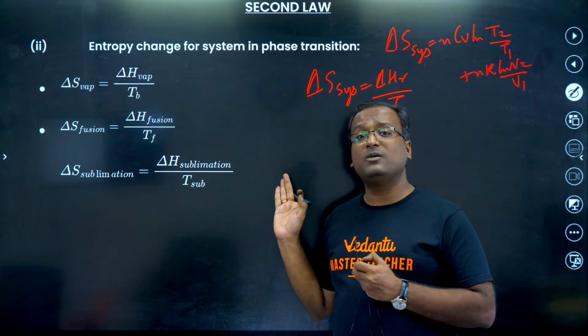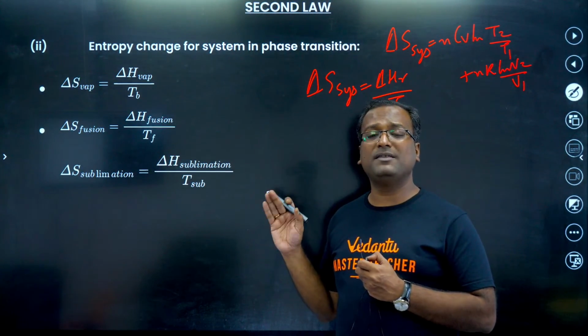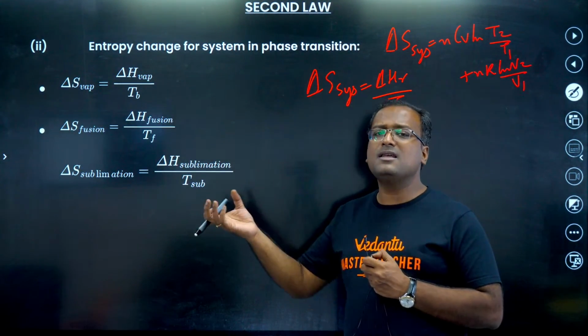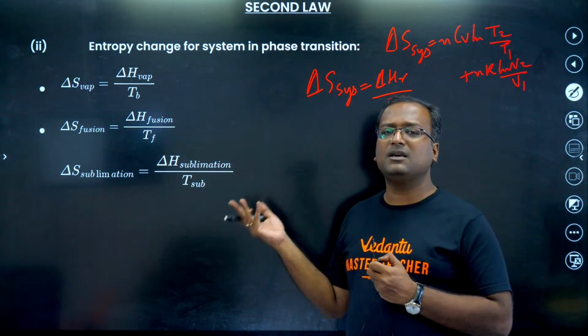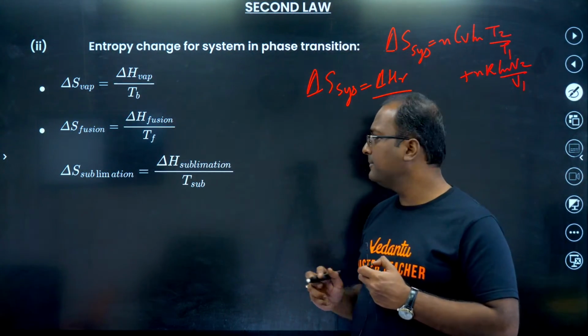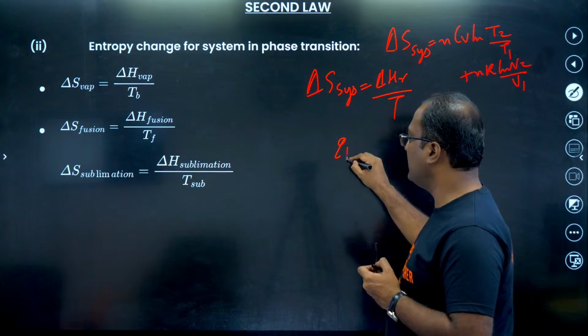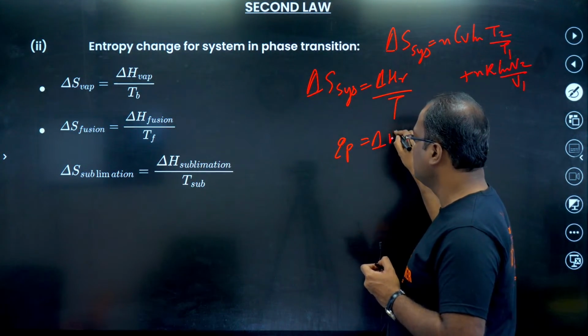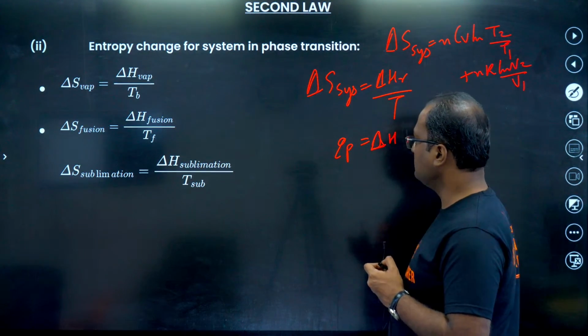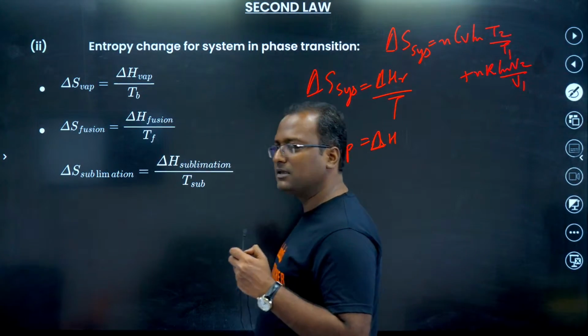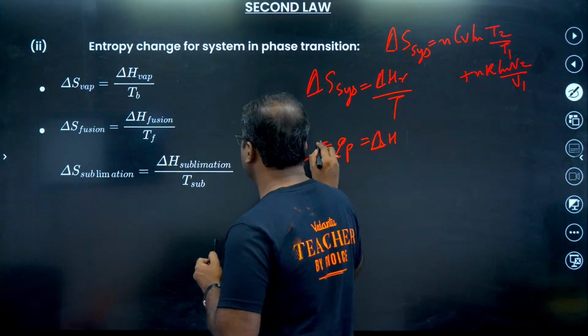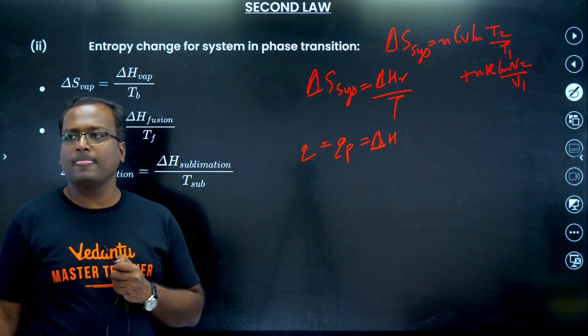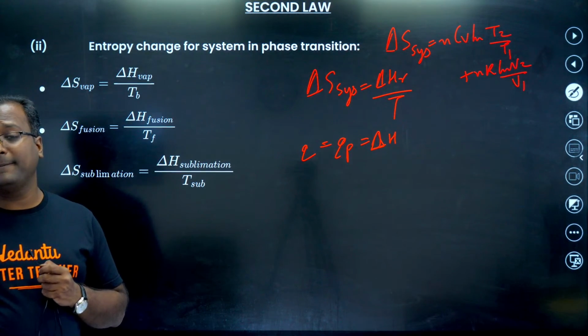How? dS was equal to dq reversible by T. dq means heat exchanged. In a reaction, del H is equal to the heat exchanged. Why? Can I say for all reactions Qp equals del H? Yes, we can.